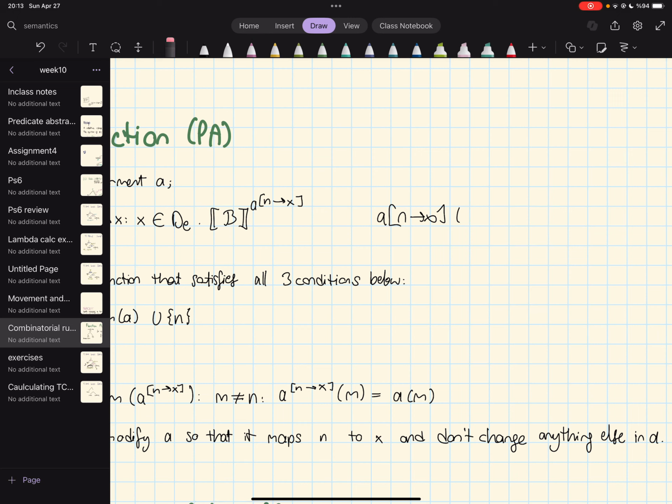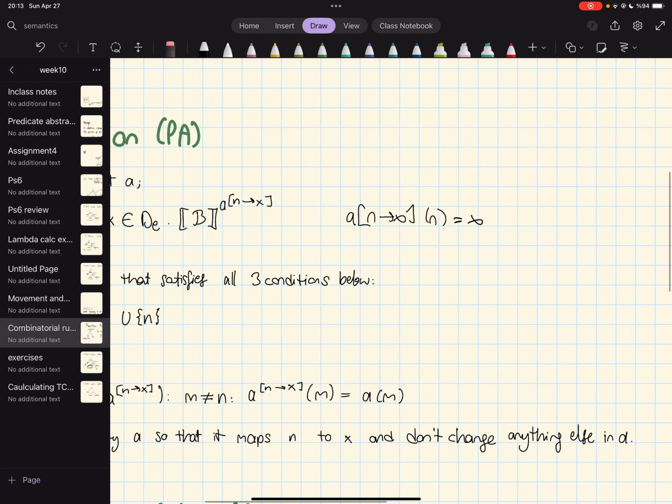So if you give it n as the input, it'll return x, because the assignment function A maps n to x. This very calculation is called PTR.